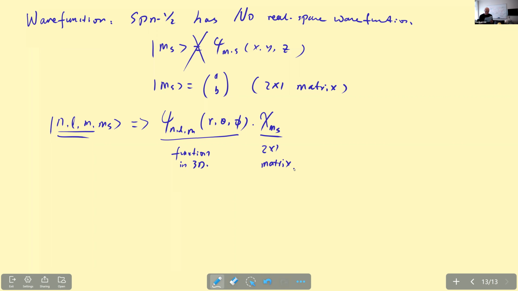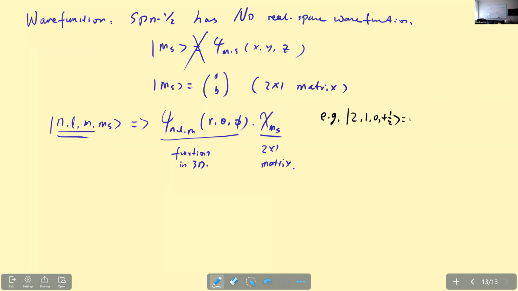Okay, right? For example, let's say the state 2, 1, 0, plus half.